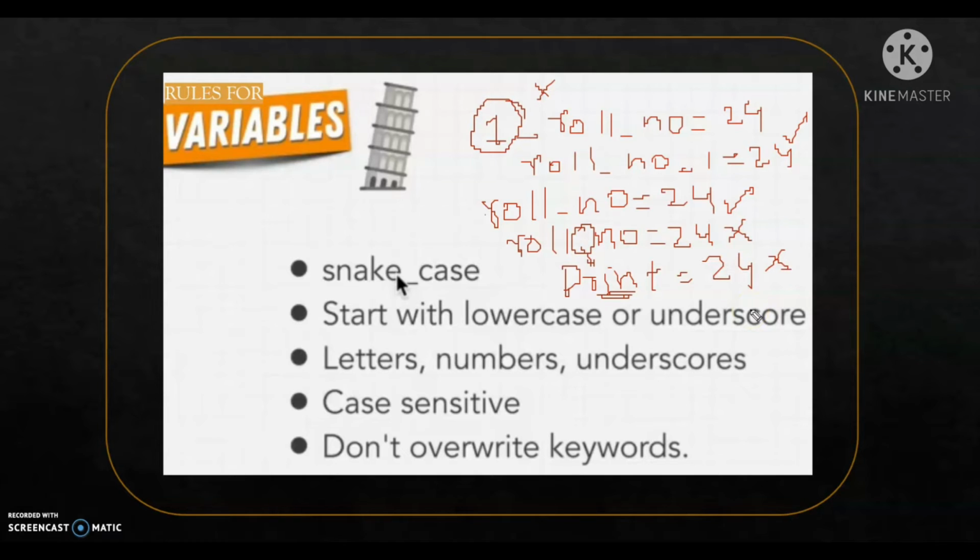Now, again, variable names should be short but descriptive. Generally, whenever we give a variable name, we cannot just give a is equal to 24 or b is equal to 36 because this doesn't make sense, right? You need to be very descriptive. Other programmers should understand your code, so you need to be very specific about what that variable specifies.